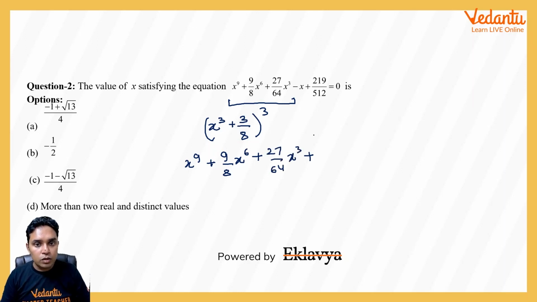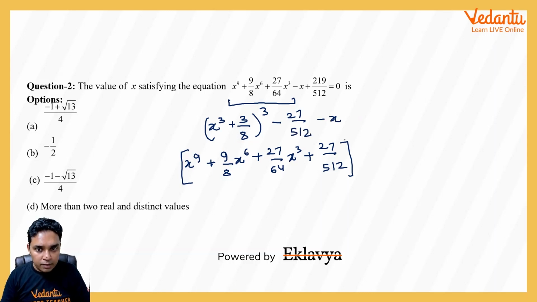But there will be a constant term also, that will be 27 upon 512. So that is the expansion of this whole cube. If I look at this, we are not having 27 upon 512, though otherwise every term is there, so I will subtract it. Minus x plus 219 upon 512 is equal to 0.